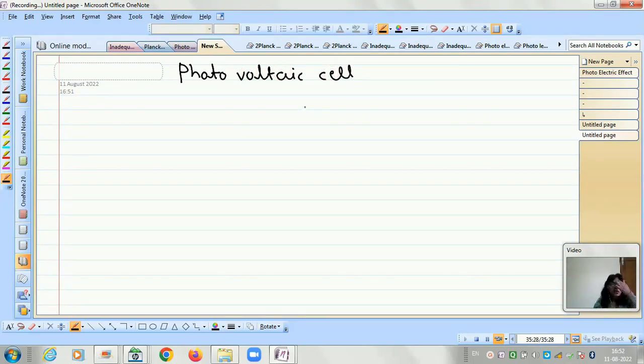So here a semiconductor is used, and in the diagram there is a base plate of copper, and above this there is a coating of cupric oxide, and above the cupric oxide again there is a metallic film.